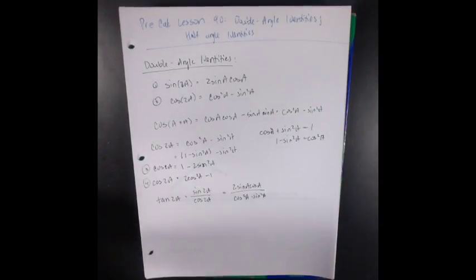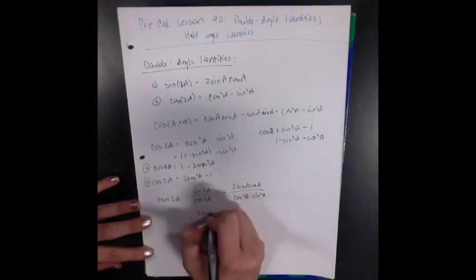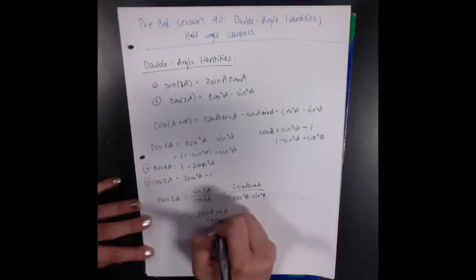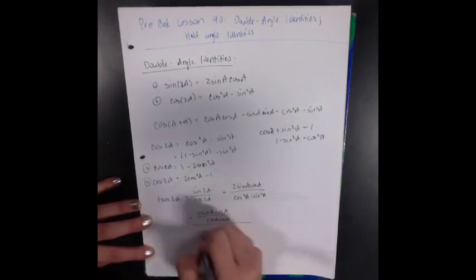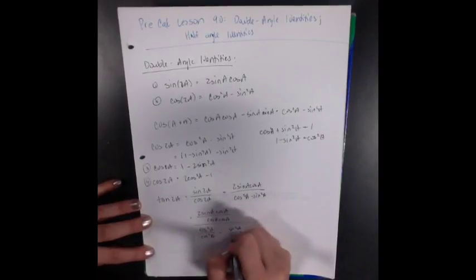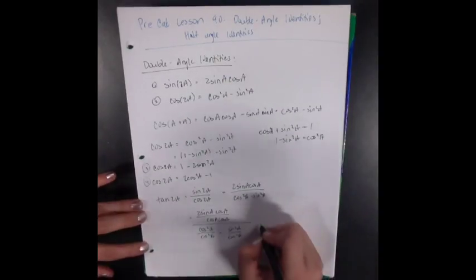Now I'm going to divide every term by cosine squared of a. So on top I will have 2 sine of a cosine of a divided by cosine of a times cosine of a, all over cosine squared of a over cosine squared of a minus sine squared of a over cosine squared of a. So let's cancel what we can cancel.